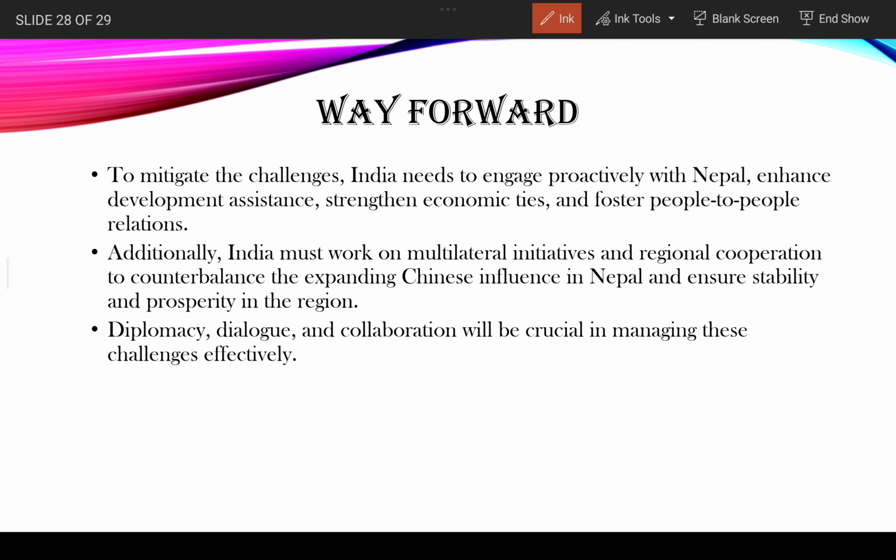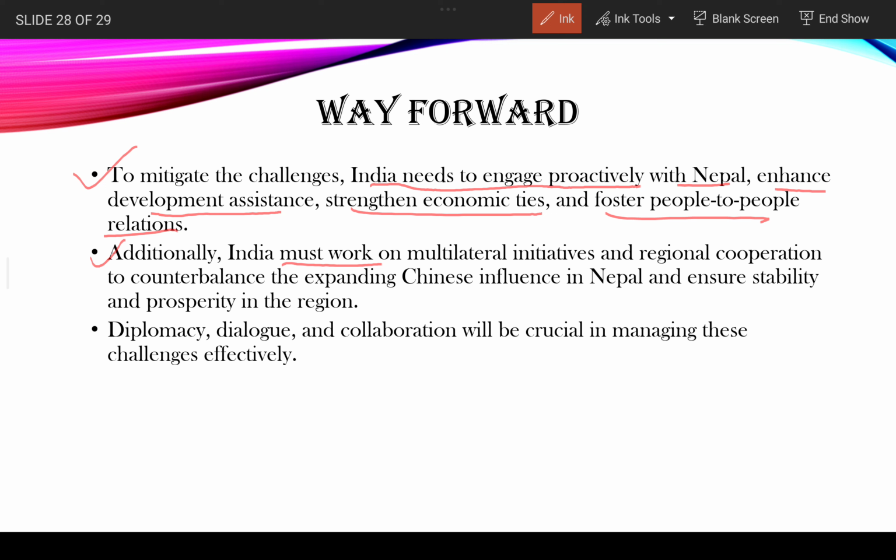Now, what can be the way forward? Way forward in terms of all kinds of issues which are there between the two countries. To mitigate the challenges, India needs to engage proactively with Nepal, enhance development assistance, strengthen economic ties, and foster people-to-people relationships.